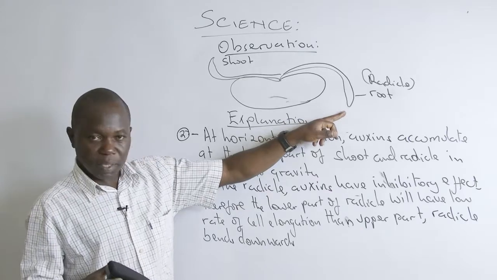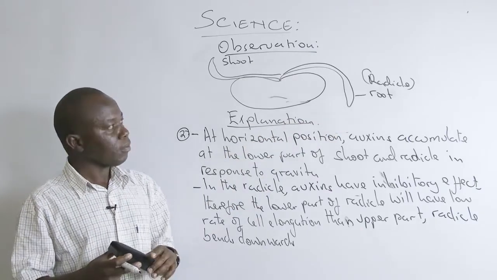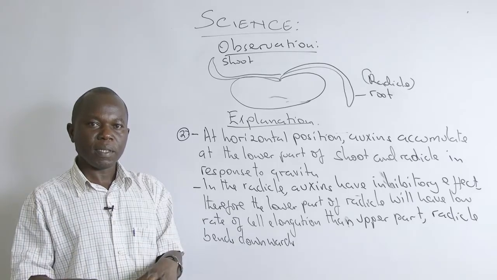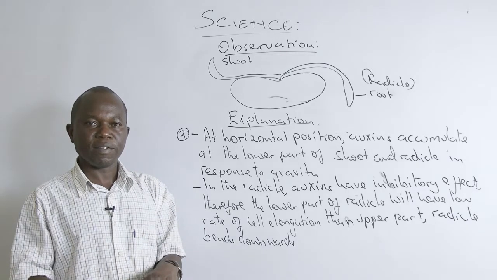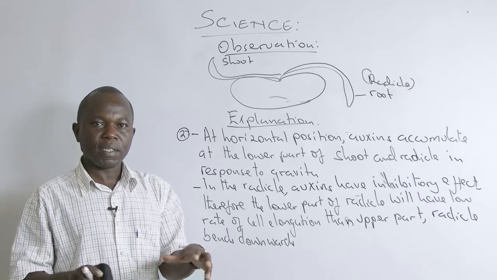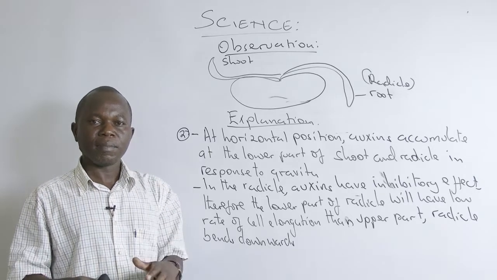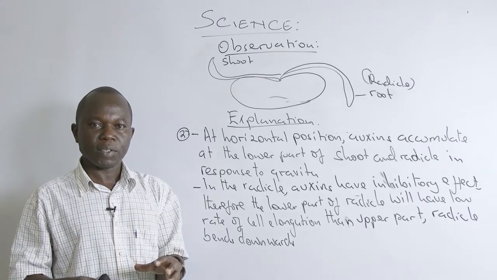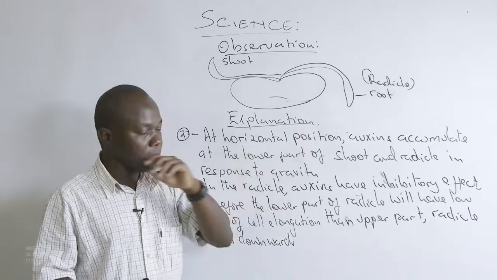But for the radical, growing downwards is important because it's going to enable the plant to anchor itself, hold itself firmly in the soil, and at the same time reach the source of minerals.